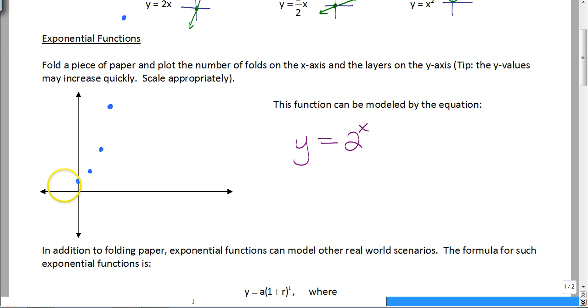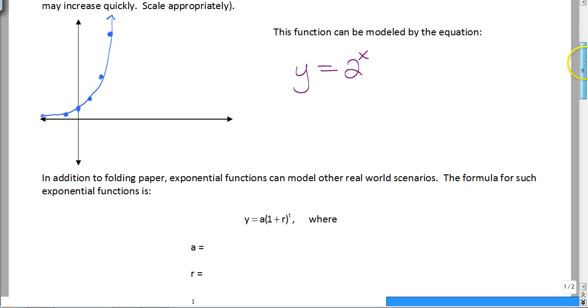That's like taking a laser and shaving that slice of paper in half, because a negative power gives a reciprocal, so 2 to the negative 1 would be 1 over 2. So an exponential graph is going to look like this, where it's going to get closer and closer to the x-axis as it goes to negative infinity, but you just keep on multiplying by 2 as you go in the positive direction. So that is what an exponential function looks like.